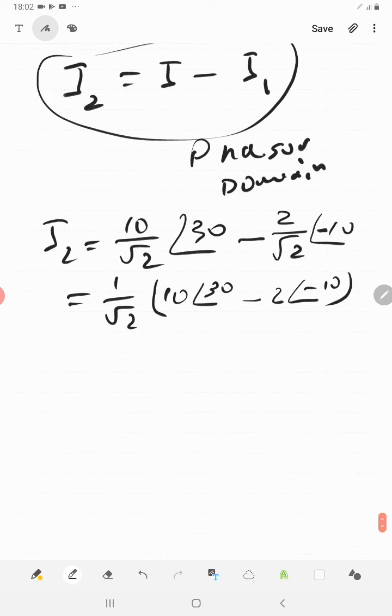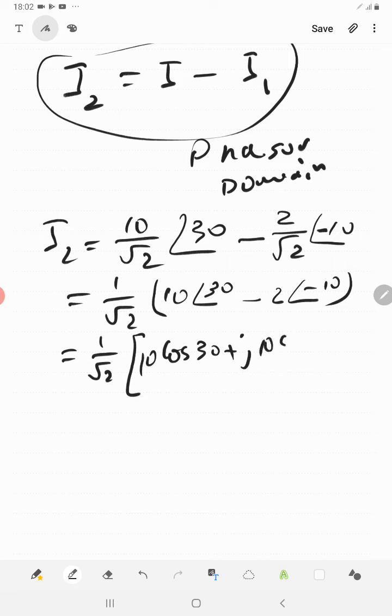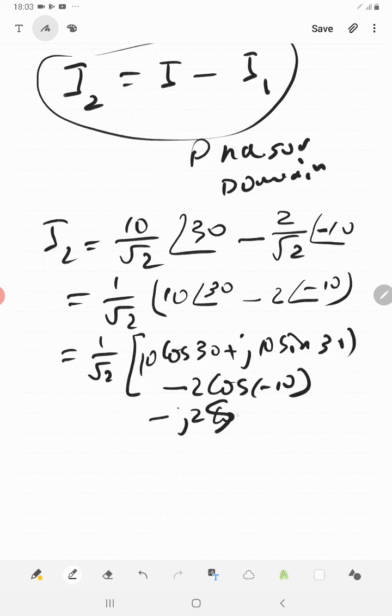You can do it by hand, or you do it by a calculator. To do it by hand, this would be 1 over root 2 times 10 cosine 30 plus j 10 sine 30, then minus 2 cosine minus 10 minus j2 sine minus 10.